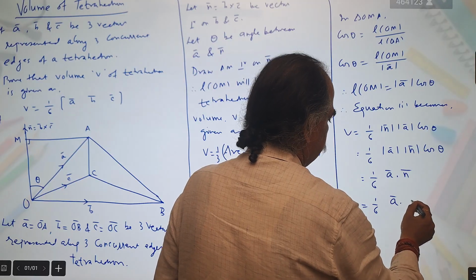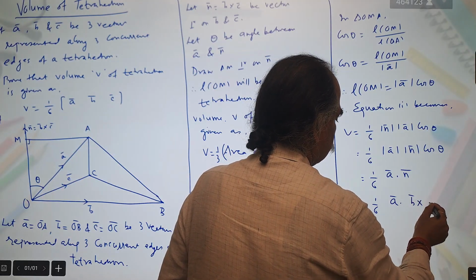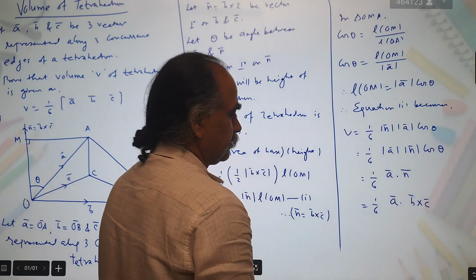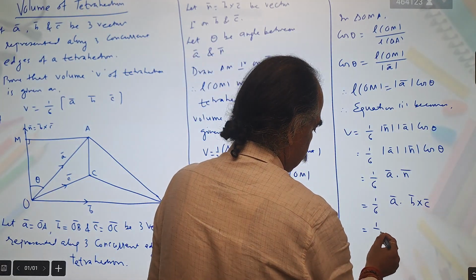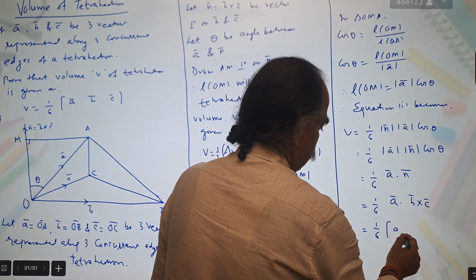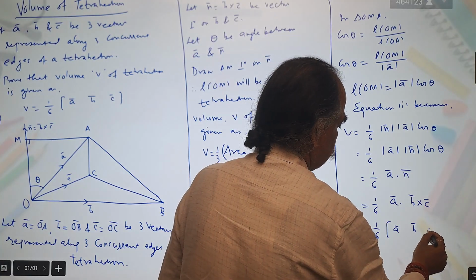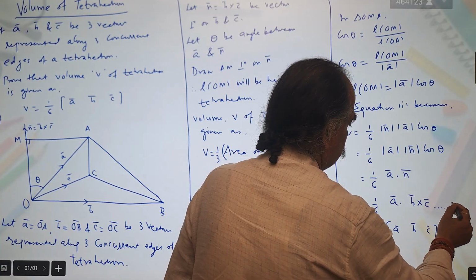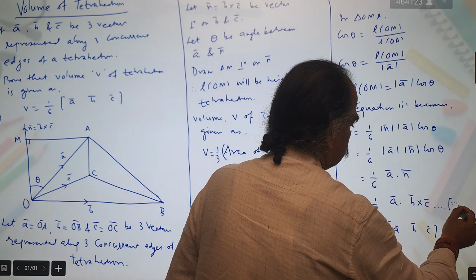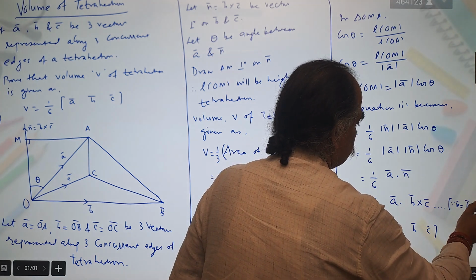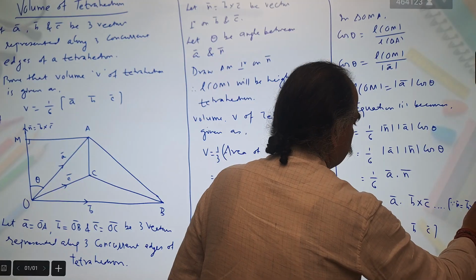A bar dot N bar is A bar dot B bar cross C bar, the box A bar, B bar, C bar, since N bar is B bar cross C bar.